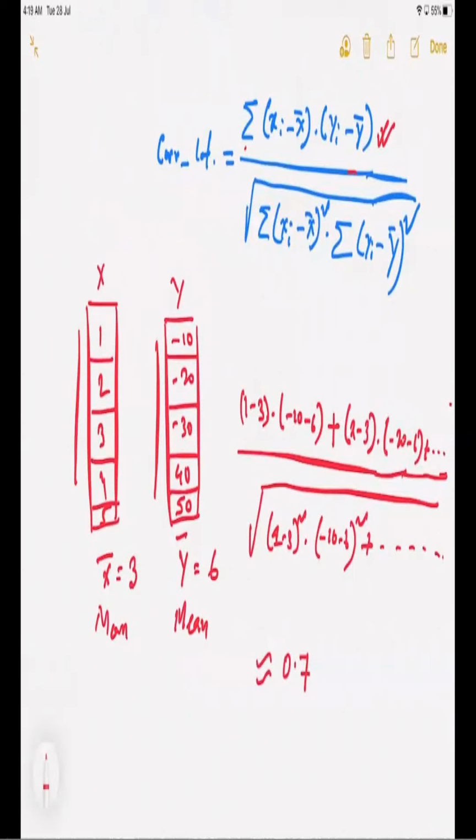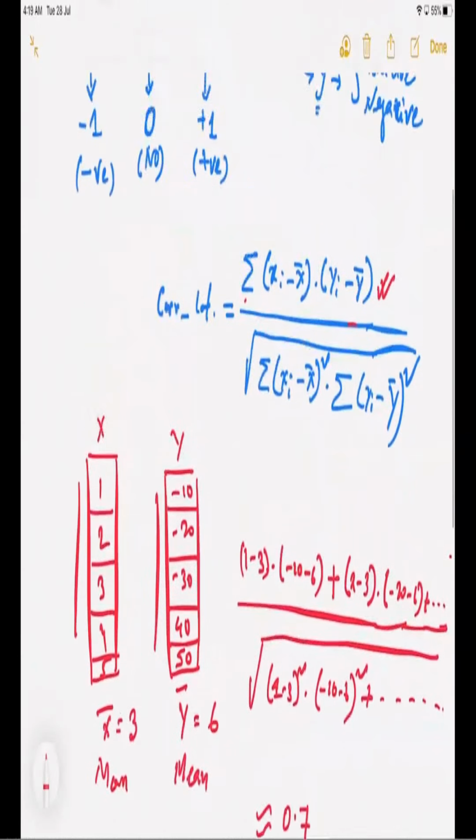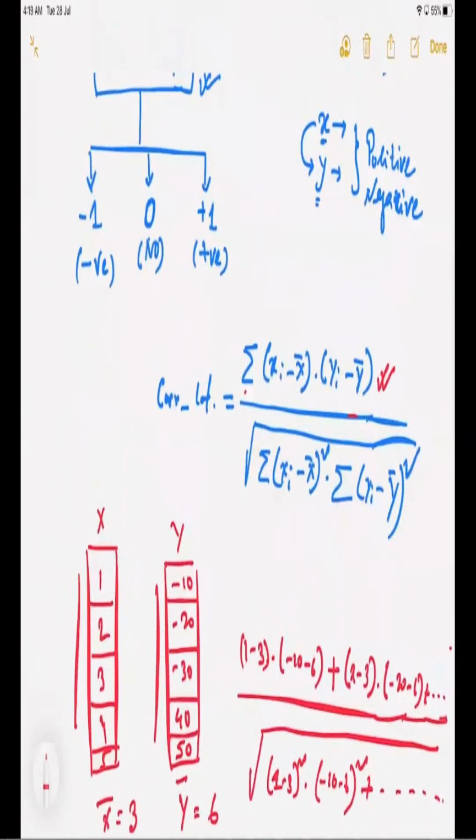If I get a value which is 0.7, then based on our analogy, where if the value is in between -1 to 0, I say there is a negative correlation. If the value is in between 0 to +1, I'll say there is a positive correlation. And if at all the value is exactly staying at 0, I'll say there is no correlation.